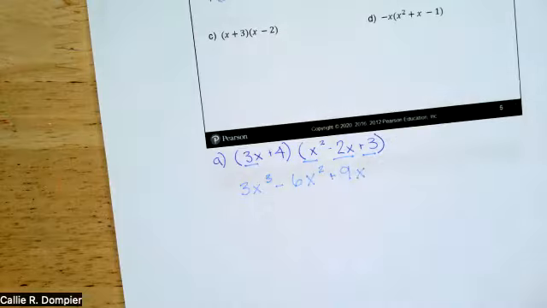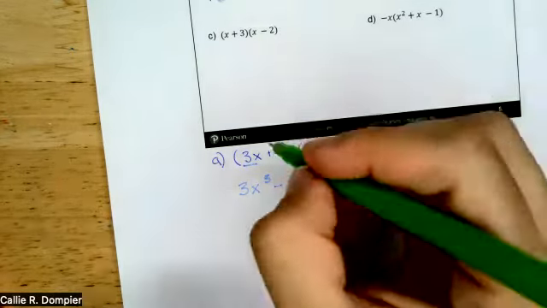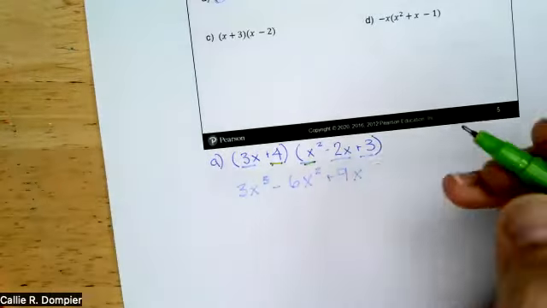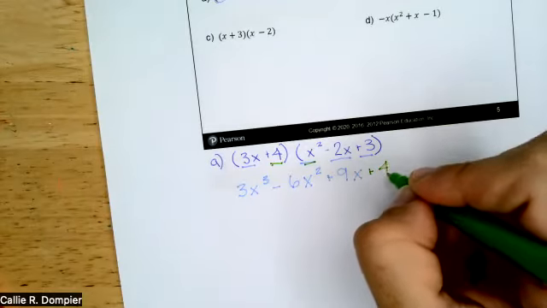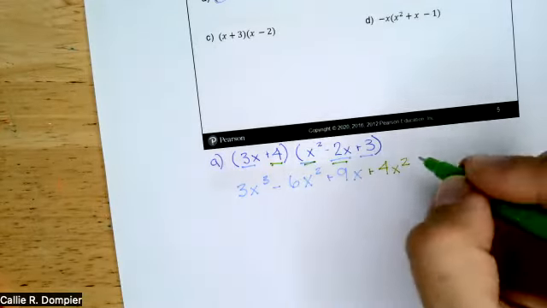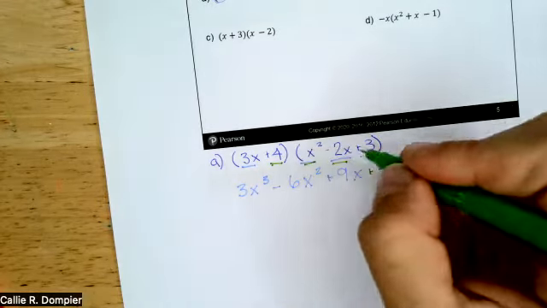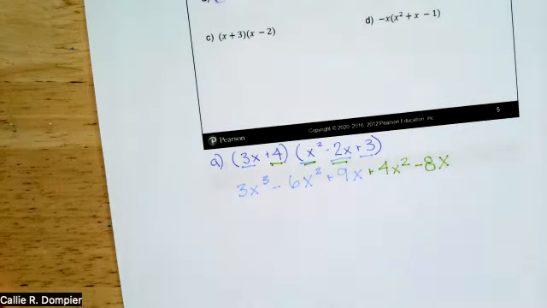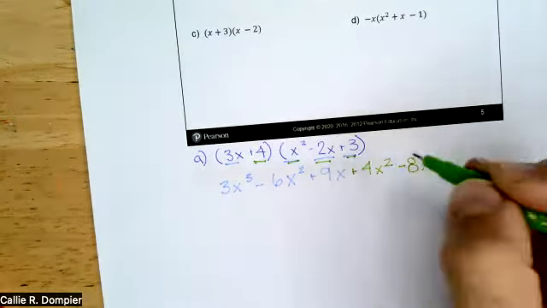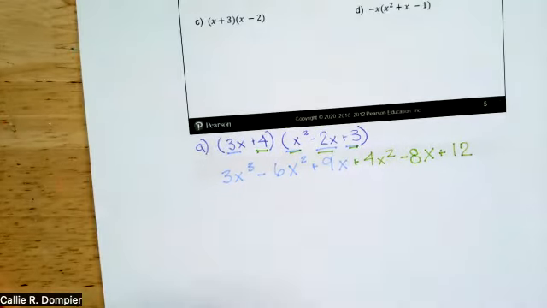And then just carry that x, because it's just 1x. Good? And then we'll take that 4. The 4 times the x squared, positive 4x squared. The 4 times the negative 2x, 4 times negative 2 is negative 8. And then you just carry that x on. And then 4 times 3, they're both positive, so it's a positive 12.